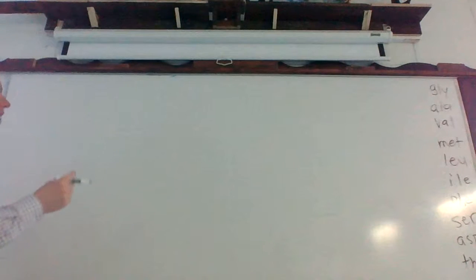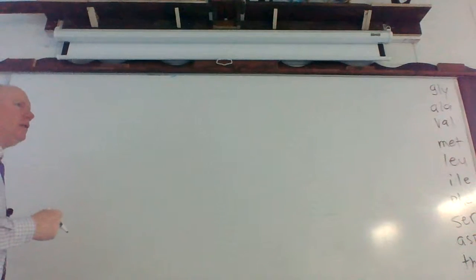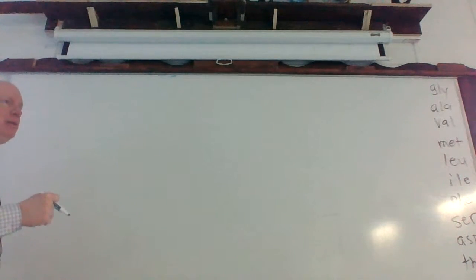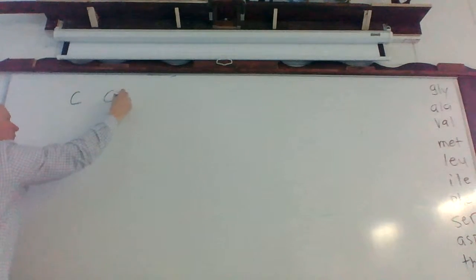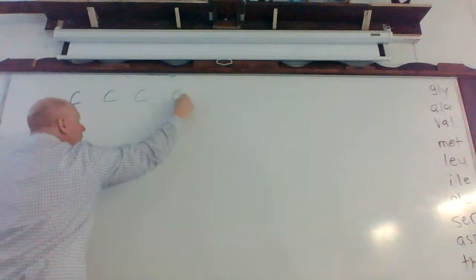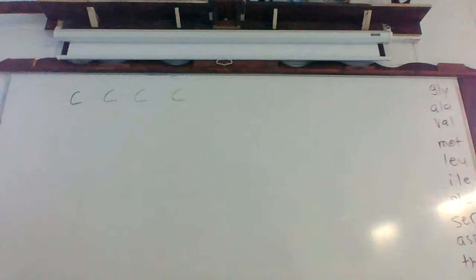Okay, so someone pick a number between 4 and 10. 4. Okay. And you don't even have to draw this if you don't want, because you probably have this written down somewhere.